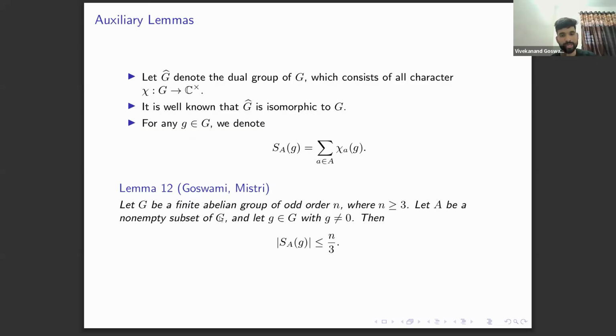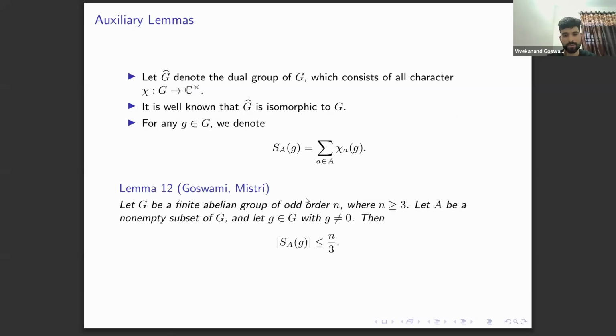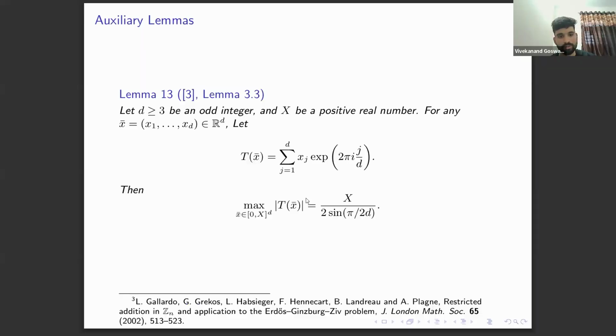By using character theory, we prove a bound on S_A(g), that the modulus of S_A(g) is less than or equal to m by 3, where g is a non-zero element of G. We prove this bound using this lemma, which is due to Gallardo, Grekos and other co-authors.